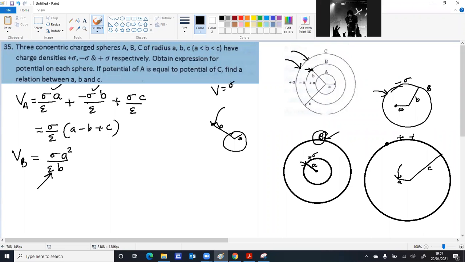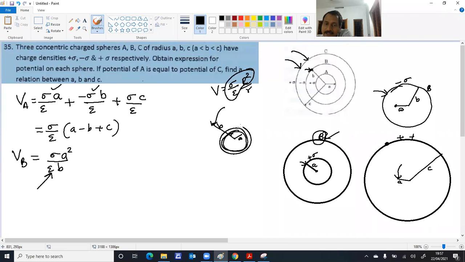Sigma by epsilon, A square by B. Sigma by epsilon, R square by r, right? Yeah, this R is the radius of the sphere we are counting, the sphere producing the potential. And r is the distance from the center of the sphere to the point, if you're outside.